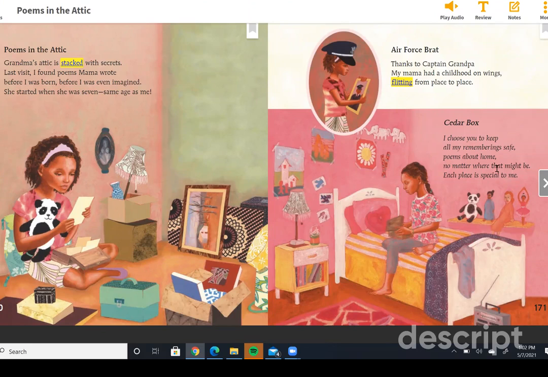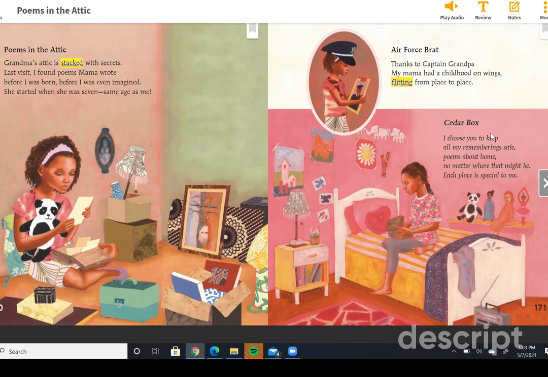So let's stop here. I see a little girl who is at her grandmother's house going through things that her mother collected long ago when she was her age. And I noticed how the author wrote about the girl's mom going from place to place because her family was a part of the Air Force.